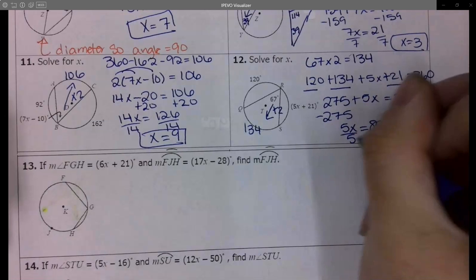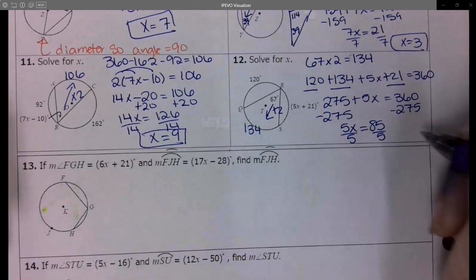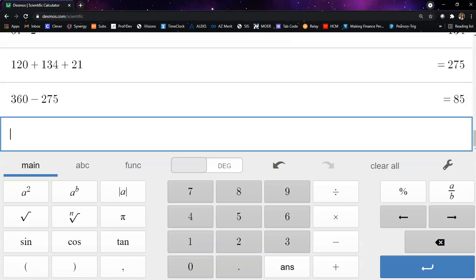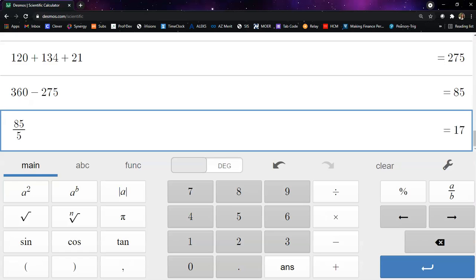So then I want to divide both sides by 5, which gets me 17.